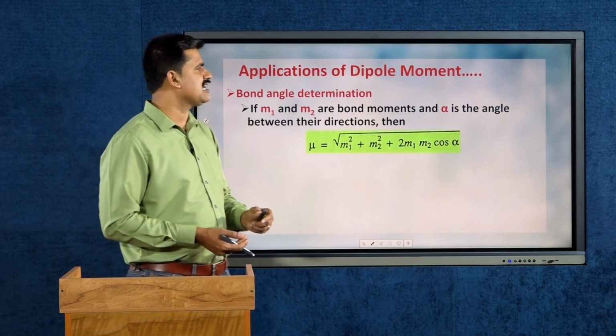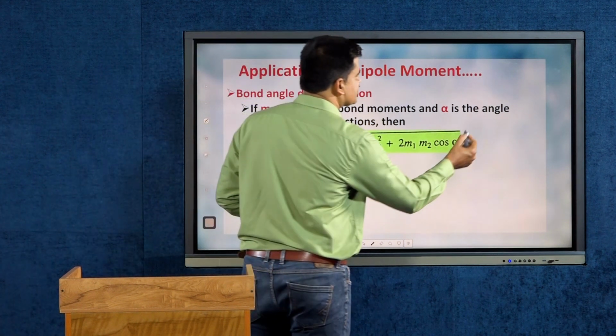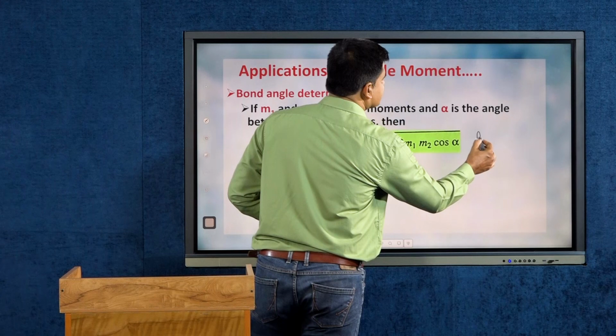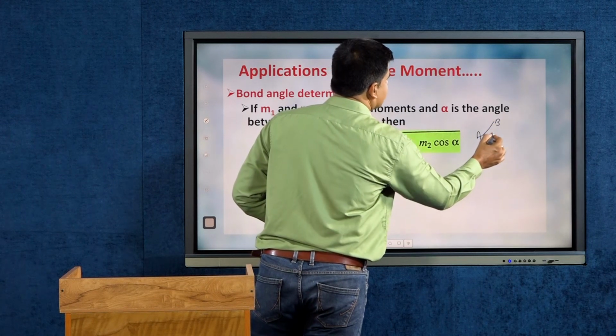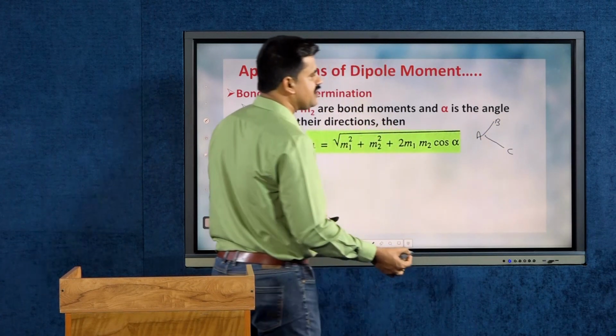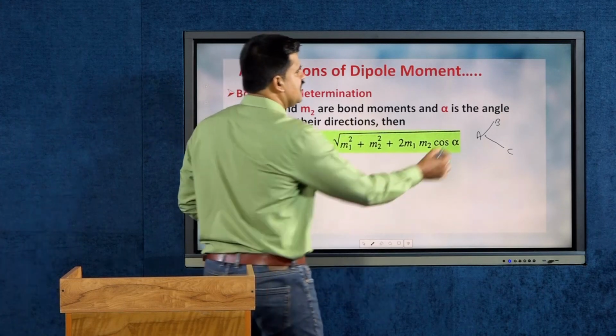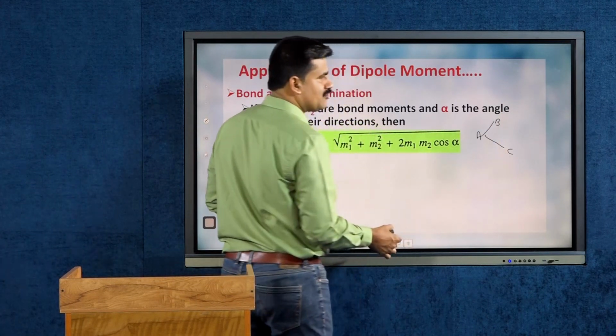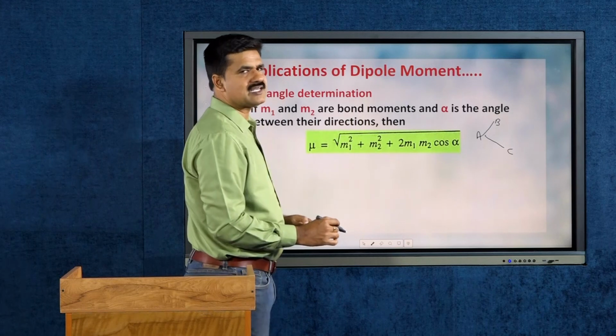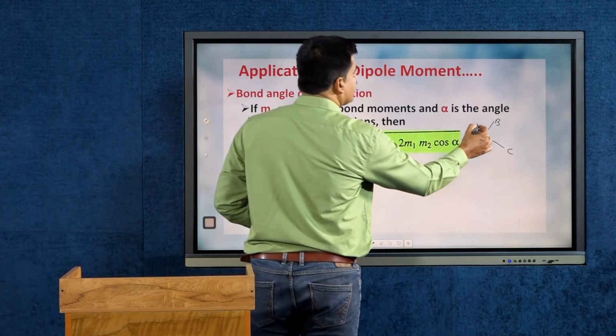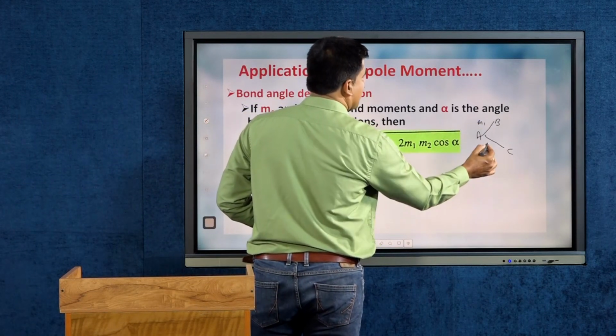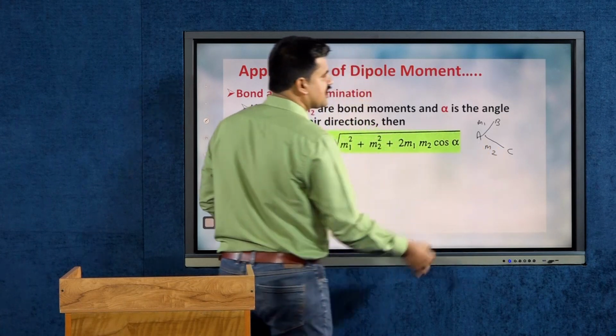This situation I can represent with the help of a simple illustration. Consider a molecule ABC, where A is the central atom. This is one bond, this is the second bond. Imagine both the bonds are polar, and the bond moment of the first bond is M1 and the bond moment of the second bond is marked as M2.